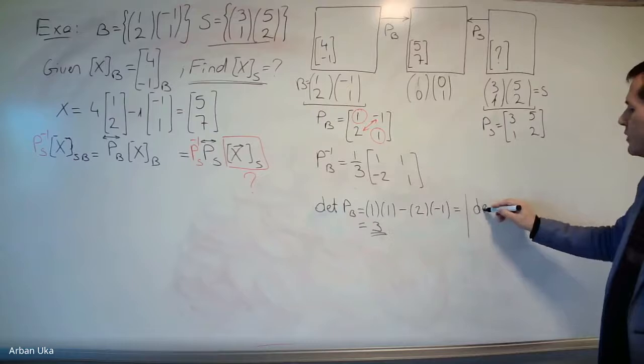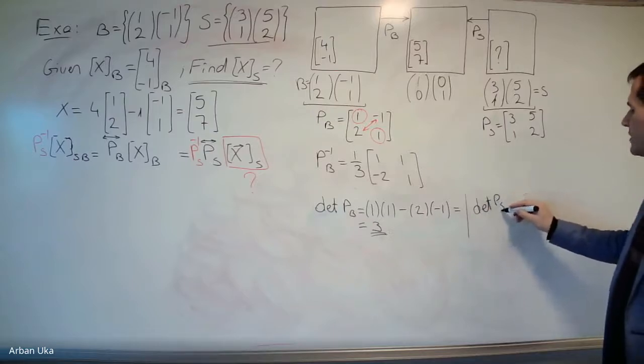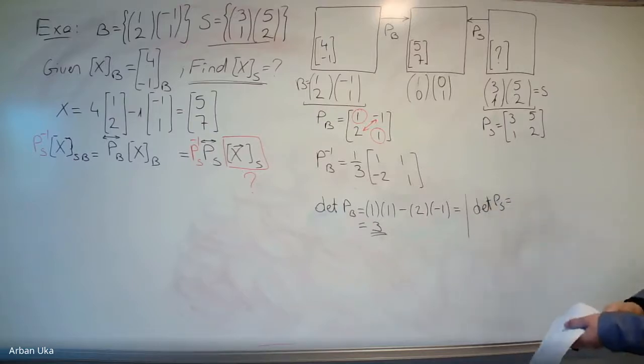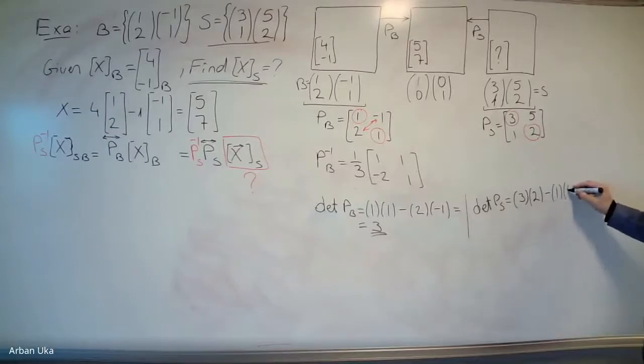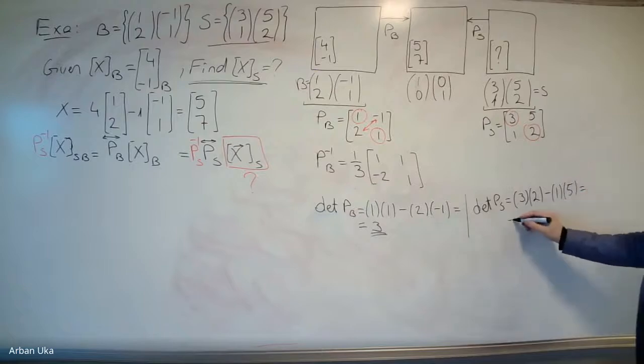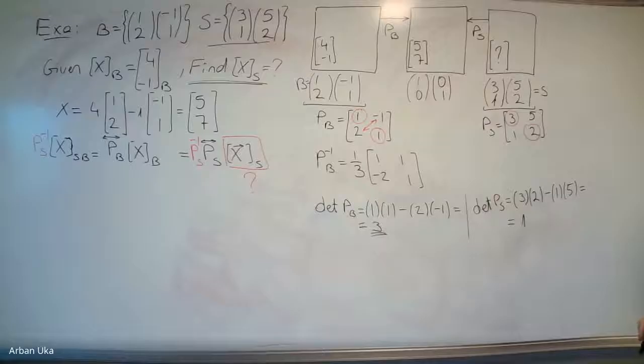And Christy, what is the determinant of PS? 3 times 2, yes, minus 5 times 1. Minus 1 times 5, yes. What is this equal to? 6 minus 5, 1. That's correct.